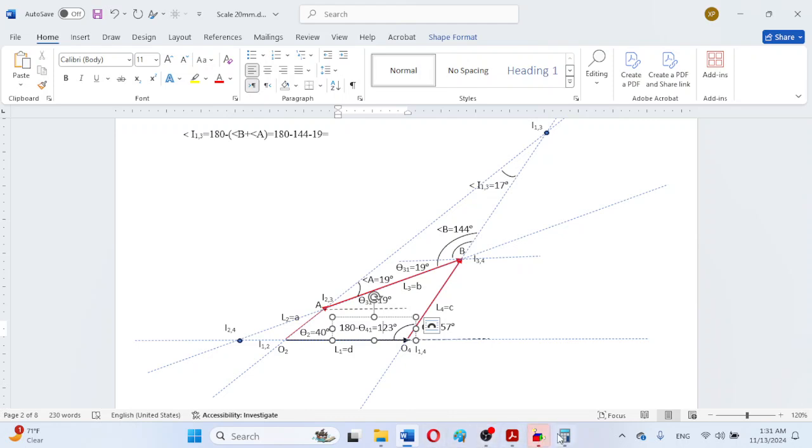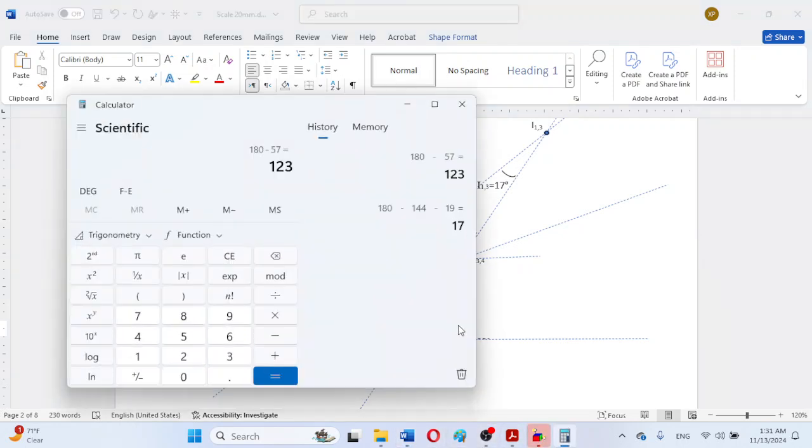So as we can calculate from here, if we add this angle 123 plus 19, we can observe this is equal to 142.